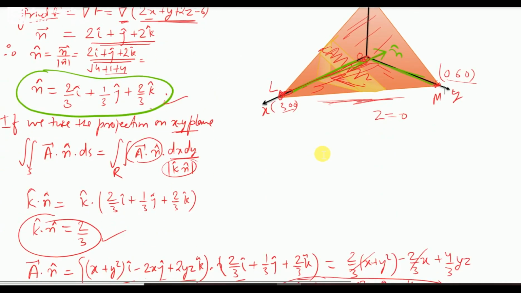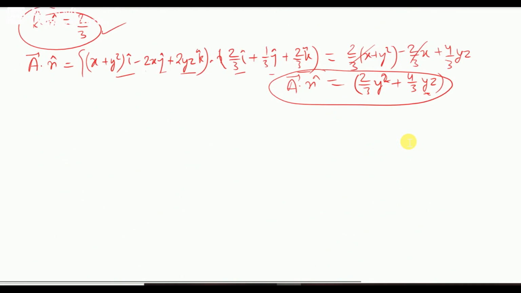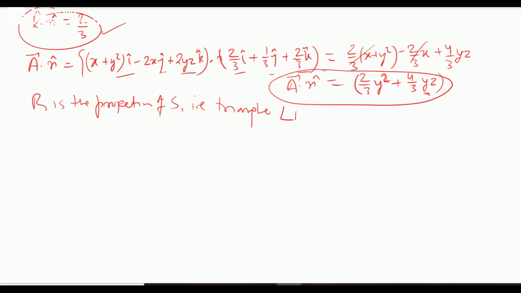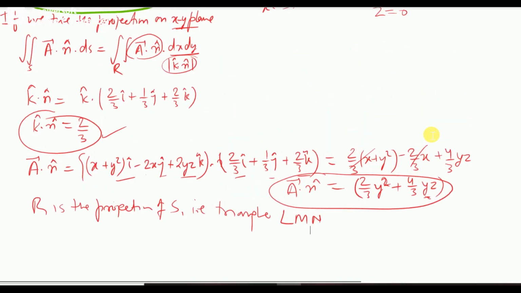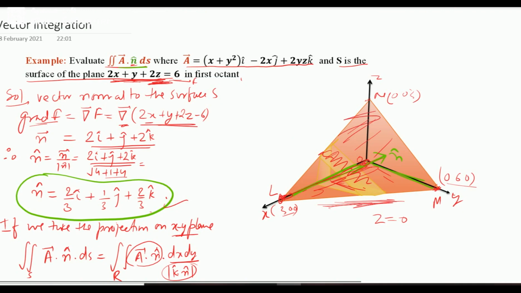Now because we take the projection on the xy plane, R is the projection of the surface S, that is the triangle LMN. See that triangle? This is the triangle LMN on the xy plane, that is LOM.